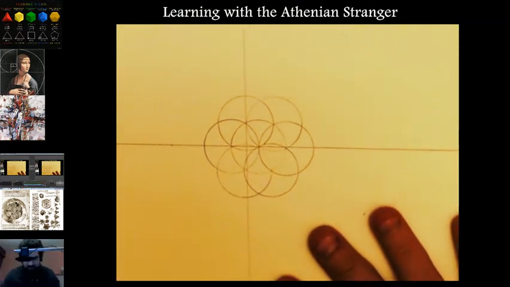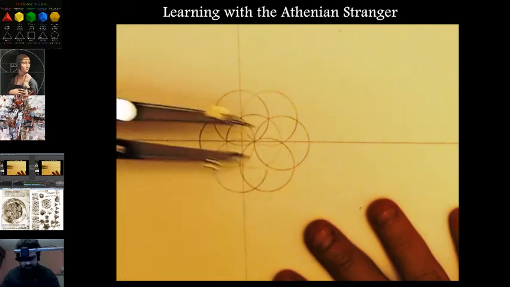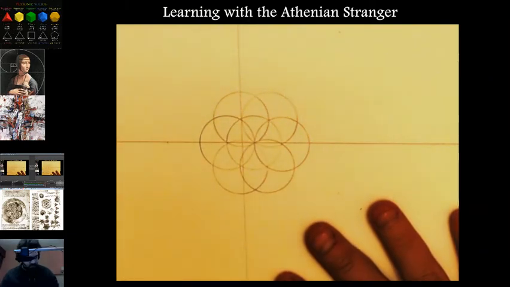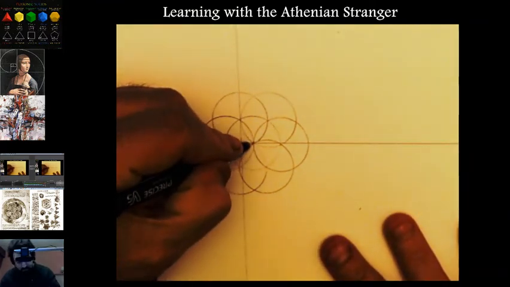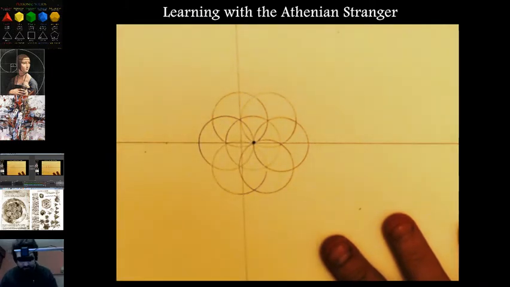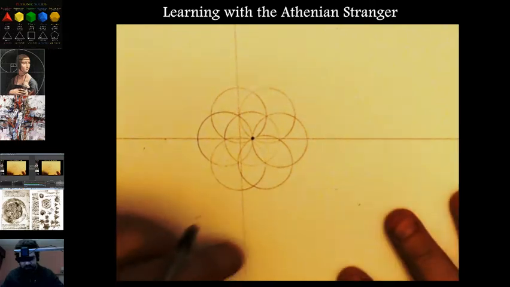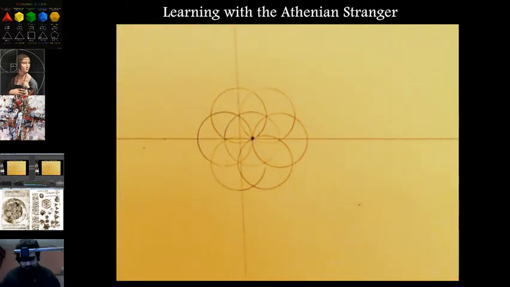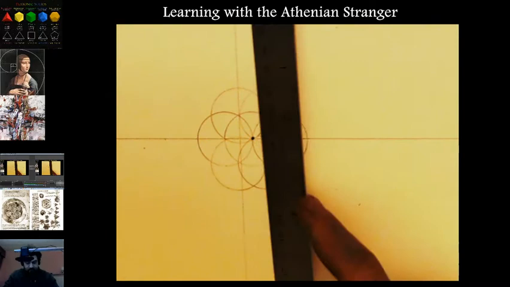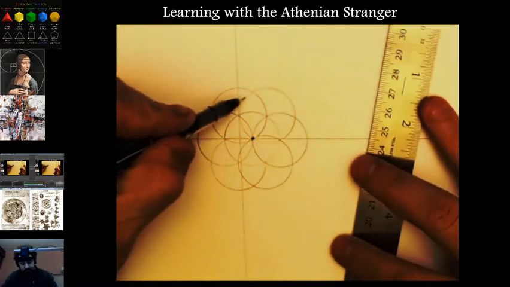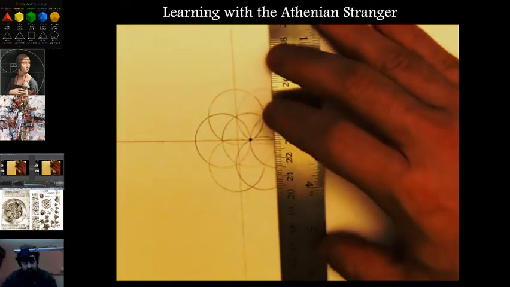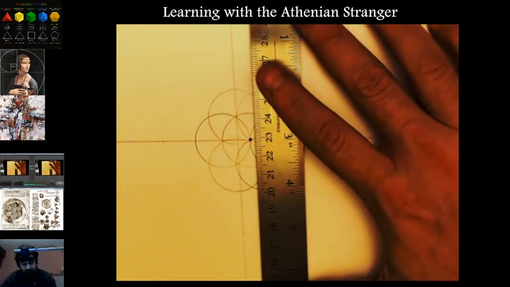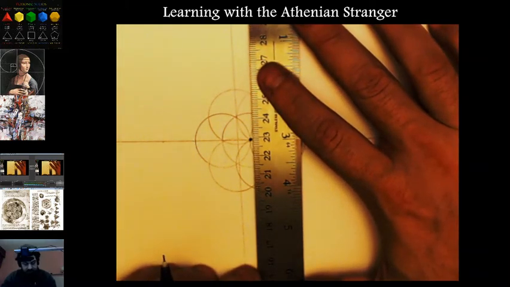Okay, so now we have that familiar seed of life image right here. In the center will be our origin point right there. So I can draw another vertical line because I have two vesicas, one right here and one below it, that I can use as a guide for my ruler, and I'll erase the other one later.